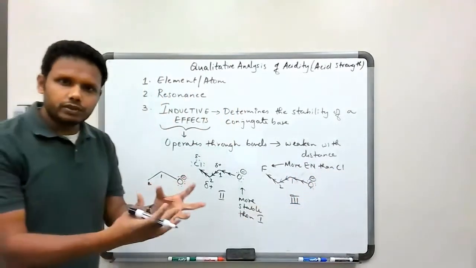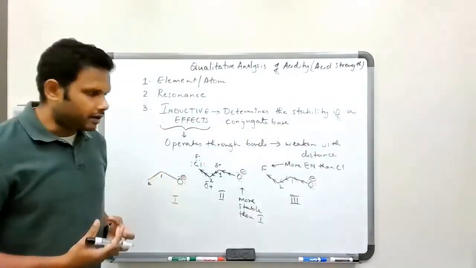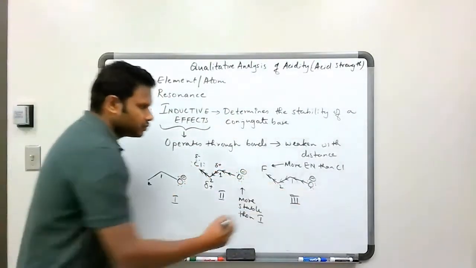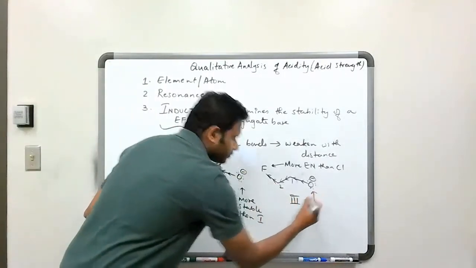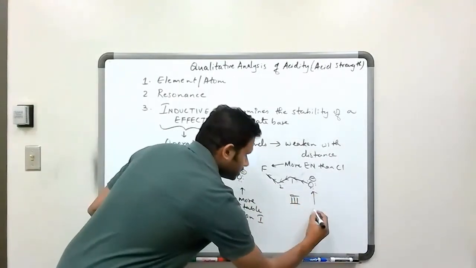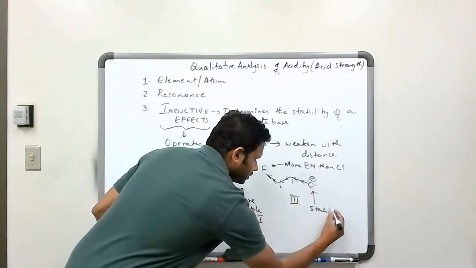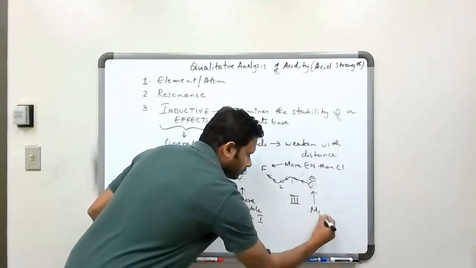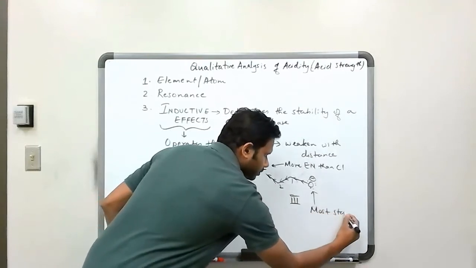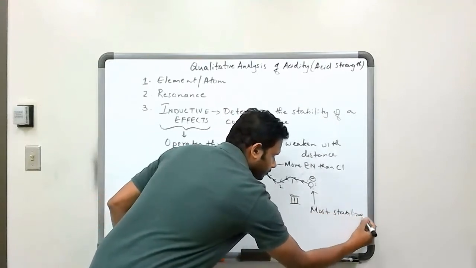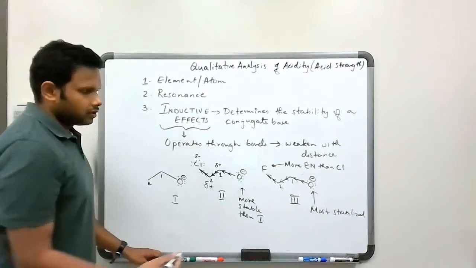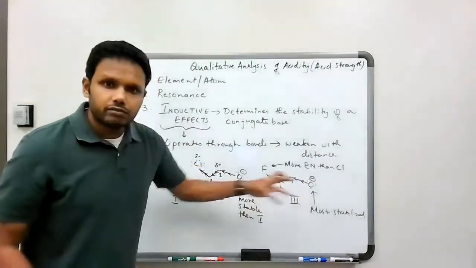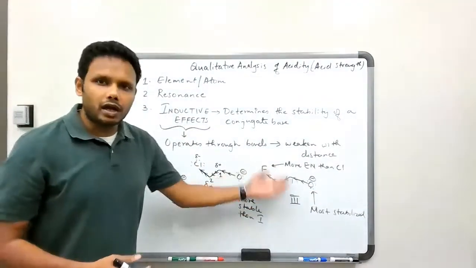That means it's going to pull the electron density better, and so the negative charge on that oxygen would get stabilized. This would be the most stabilized of these three, and so that would be the most stable conjugate base.